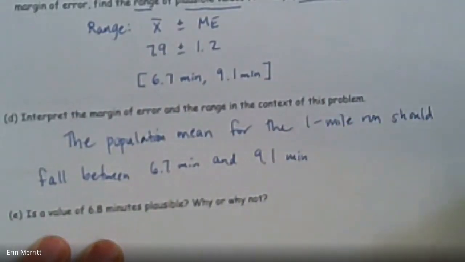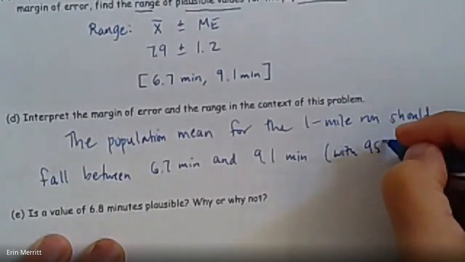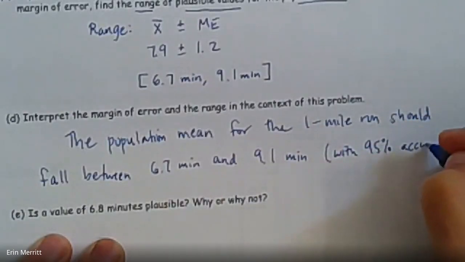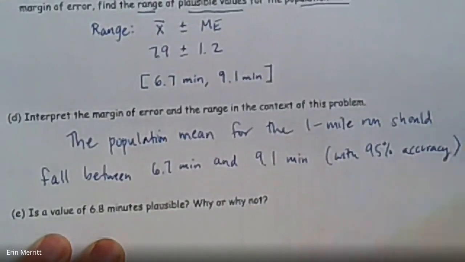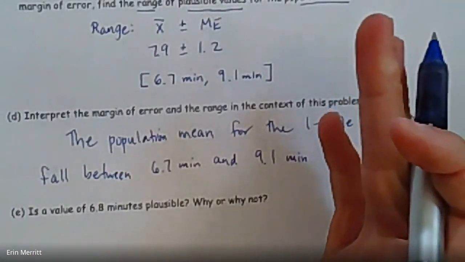And then if you want to add to that, you could even say with 95% accuracy. That's why we use the plus or minus 2 standard deviations, because that gathers that middle 95%.